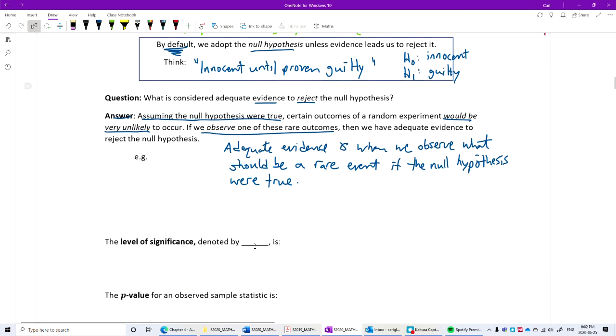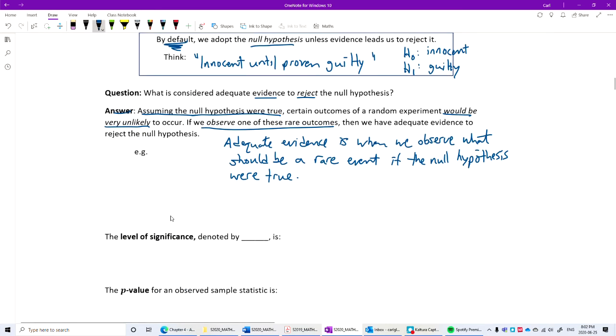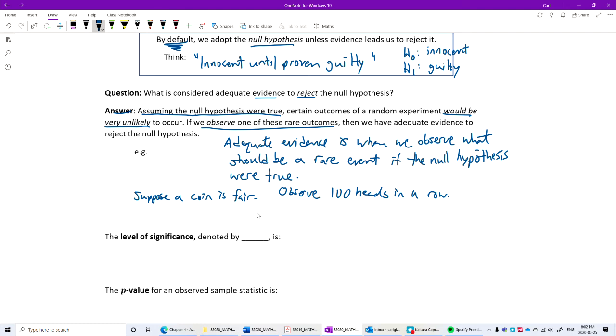Okay, so let me give you an example. Suppose a coin is fair. That would be the null hypothesis. If we observe 100 heads in a row, well, that's extremely rare, right? That should never happen. If we observe 100 heads in a row, then that would be adequate evidence that it's not fair.